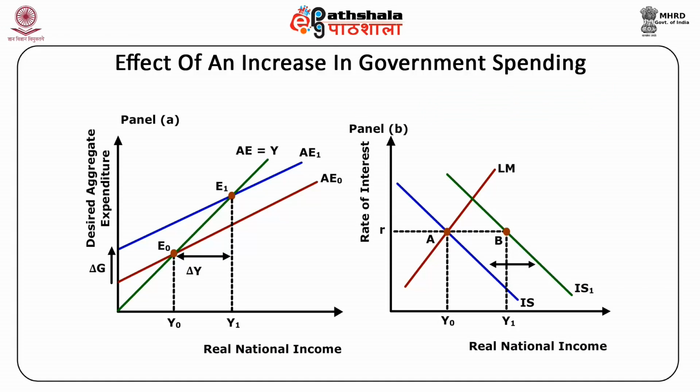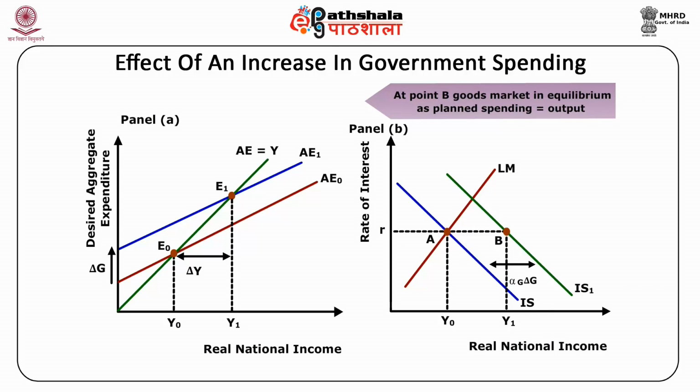This corresponds to the shift of equilibrium income from A to B, that is, higher income from Y0 to Y1 at the given interest rate R. We measure the extent of the shift in IS, or the increase in income, by the multiplier times the change in government spending, that is, alpha G into change in G.